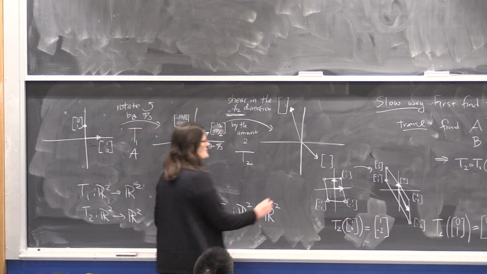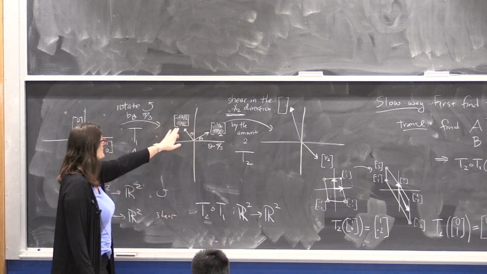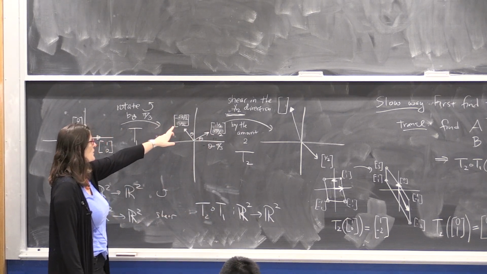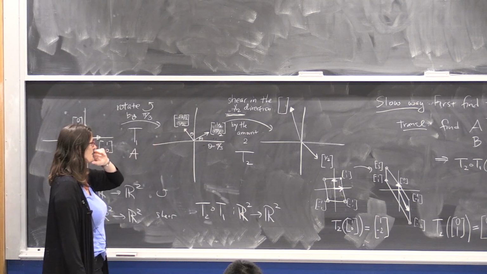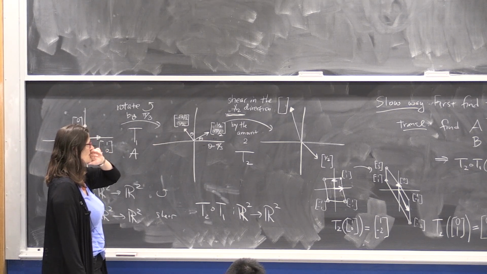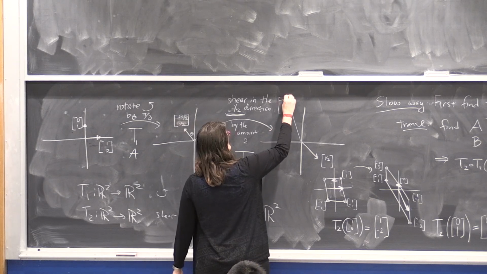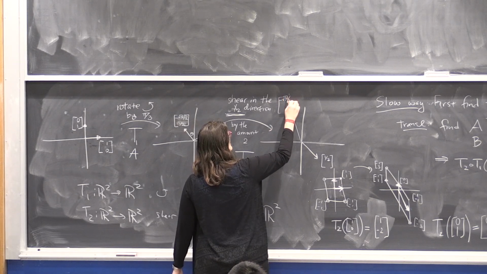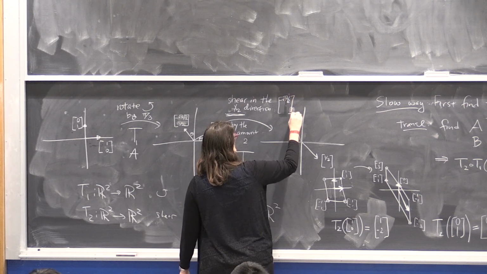It's going to be the same. So for sure you know that first coordinate is 1/2. And when you shear this vector upward, what's the first coordinate going to be? Root 3 over 2, minus root 3 over 2. So now you've got half of your matrix figured out.